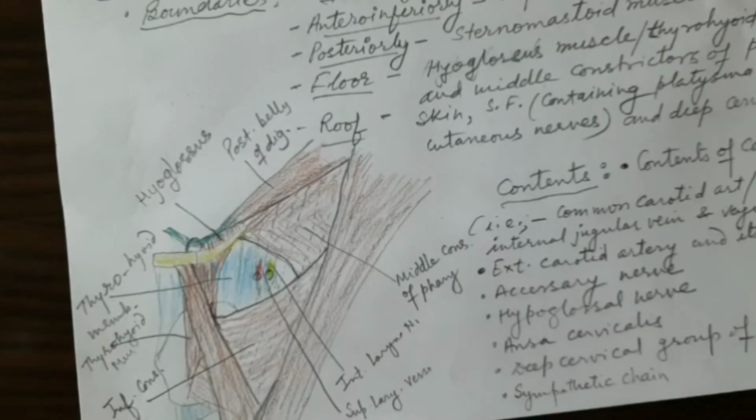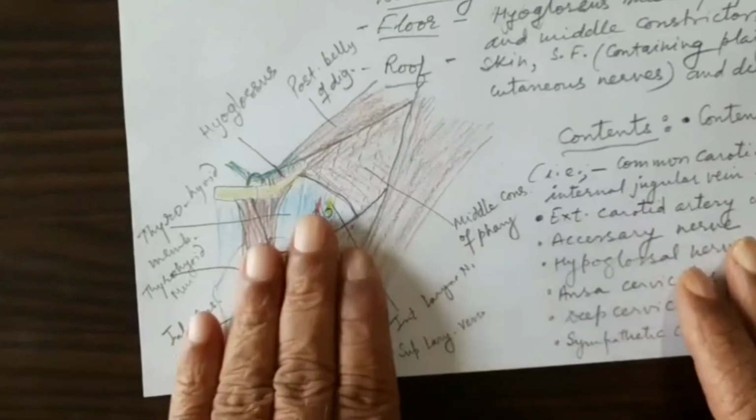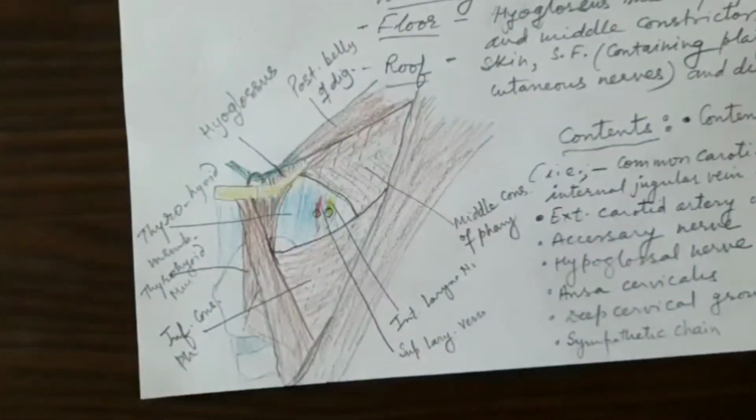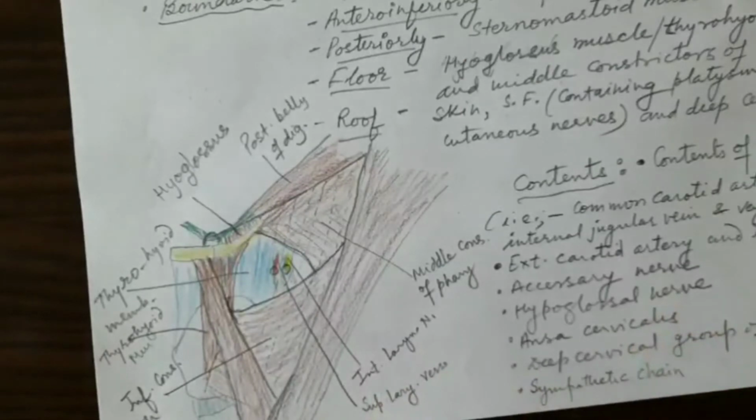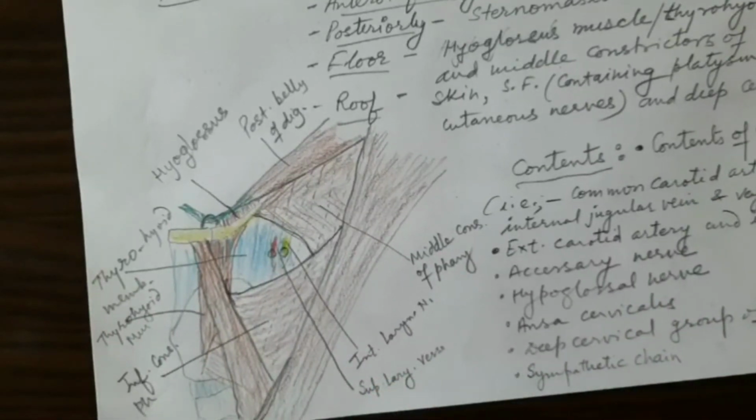Now before coming to the contents, let us see what the roof is. The roof is naturally on the lateral side of the neck. It will be the skin of the neck, then the superficial fascia, the fibrofatty tissue deep to the skin. In this region it contains the platysma muscle, which is a subcutaneous muscle running in the fibrofatty tissue. There are cutaneous nerves, transverse cervical nerve branches, and maybe some branches from the great auricular nerve.